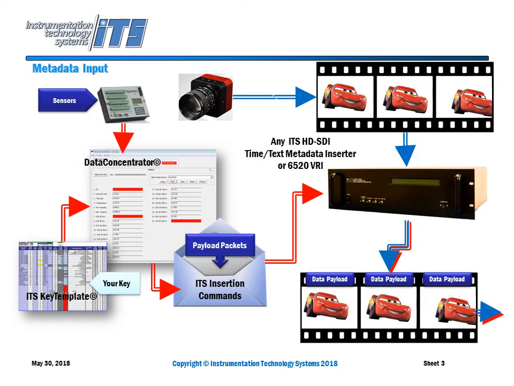So we offer tools that allow you to structure those keys as we have with the template, and then use the key with software we call the data concentrator that can take raw data in from a myriad of sources, such as a data acquisition system, a data logger as is shown here, or individual sensors that are connected to a PC.